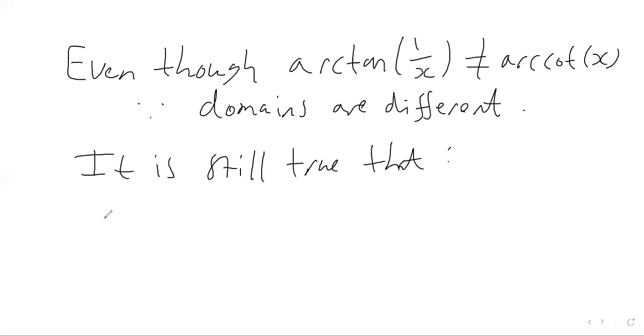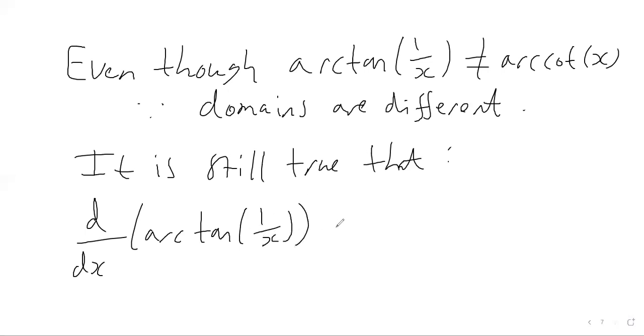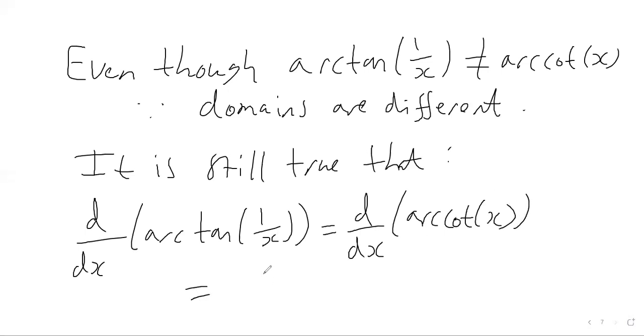The derivative of arctan of 1 over x equals the derivative of arccot of x, and that derivative was negative 1 over 1 plus x squared.